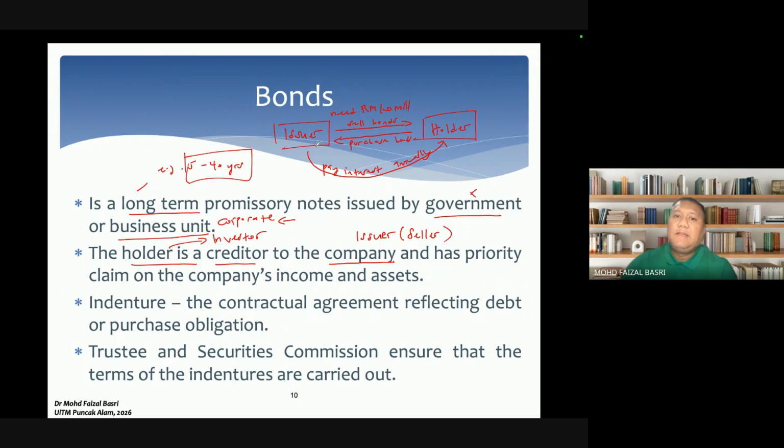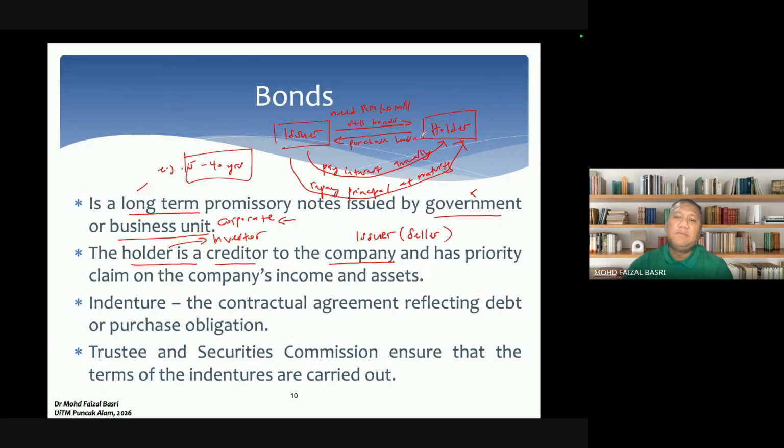Okay. And what happened to the 10 million? This 10 million will be repaid juga to the holder. Repay principal at maturity. So pada tarikh maturity ni nanti, the issuer will repay back everything to the holder. So kalau dia pinjam 10 million initially, so semasa maturity dia akan pulangkan balik 10 million back to all the holders.